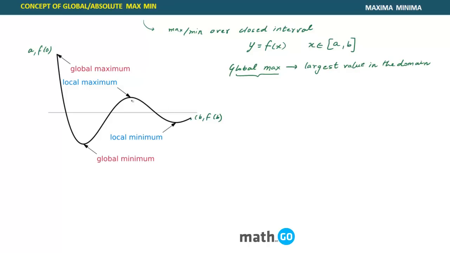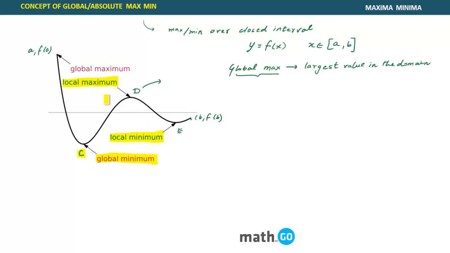If you see, I denote this particular point as C and this point as D. So you can see that D is a point of maxima, but it is not absolute maxima, it is a point of local maxima. Similarly, C here, though it is a global minimum, is also a point of local minimum. Again, there is another point E, which is also a point of local minimum, right?